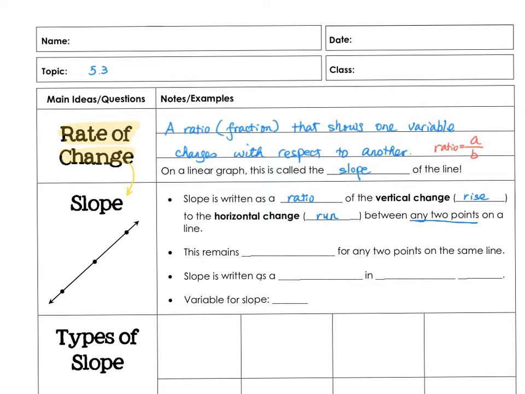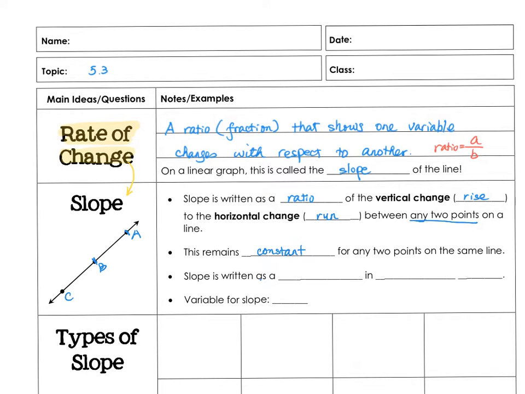And the rate of change, or the slope, remains constant, the same for any 2 points on the same line. So the slope from point A to point B is the same as from point B to point C, or point A to point C. We're going to see how that is possible.